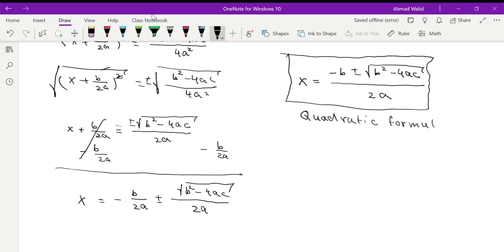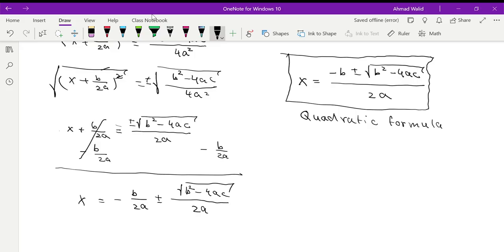You only need to memorize this formula, and when you know this formula, you can solve all kinds of quadratic equations using it. It doesn't matter if you are slow in factoring, if you don't know how to factor a quadratic equation, no need to factor. If you remember this formula, you can use it and solve that problem.